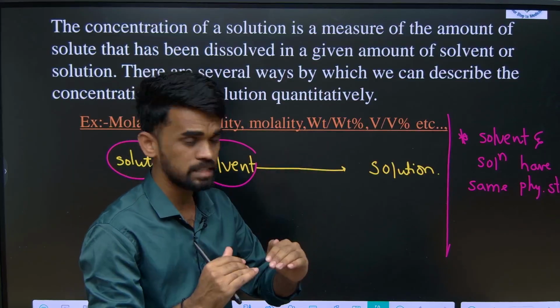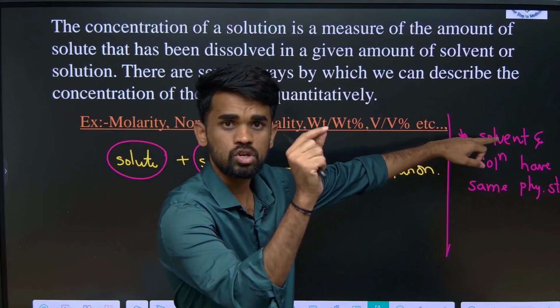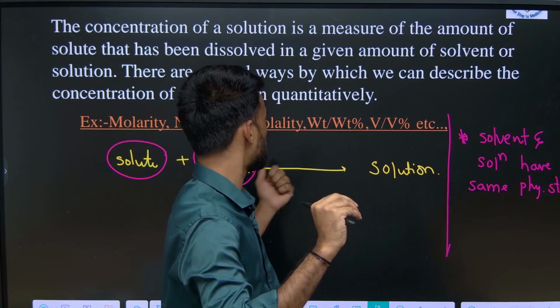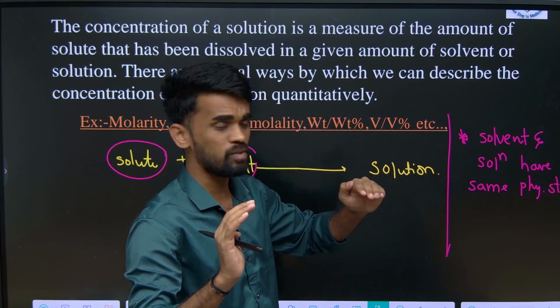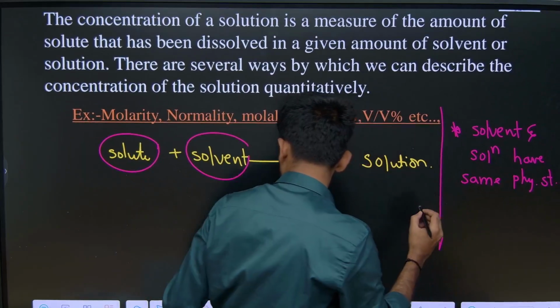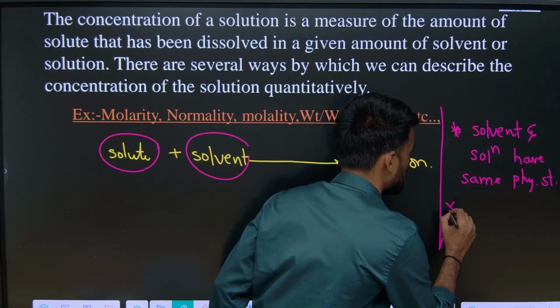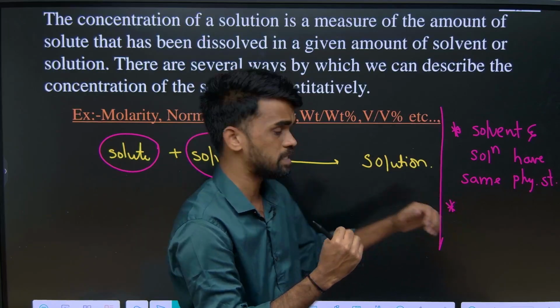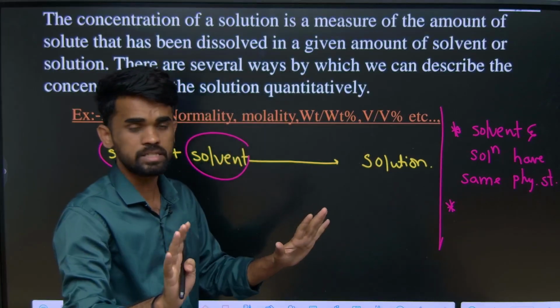So first, the solvent and solution must have the same physical state, and the second point is the quantity. I hope these two things are clear.